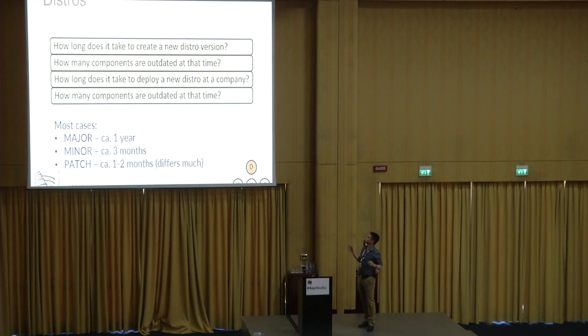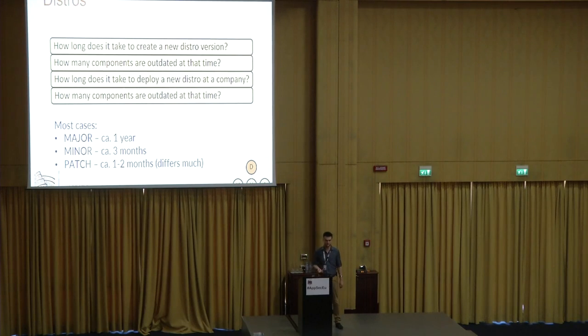How long does it take to create a new distribution version? For Cloudera and for Hortonworks, a major new version comes every year. The security patches may come every 1 or 2 months. But after they produce a patch, there are many updated components at that time. And later, this patch has to be implemented by the company. So deploying a new distribution at a company, of course, takes some more months.